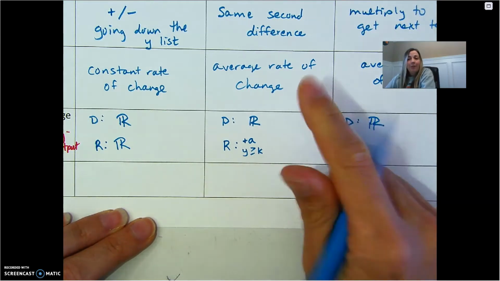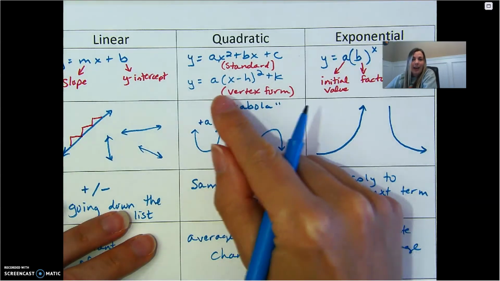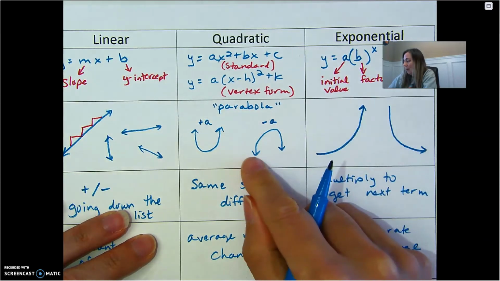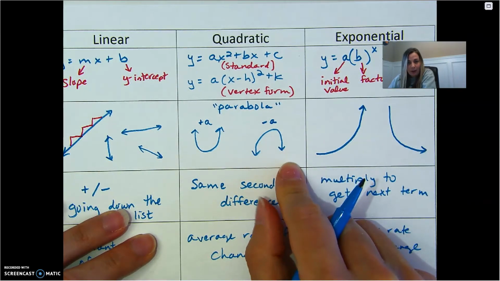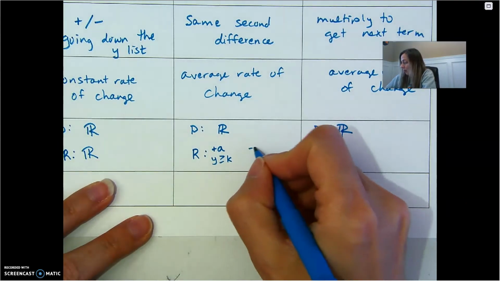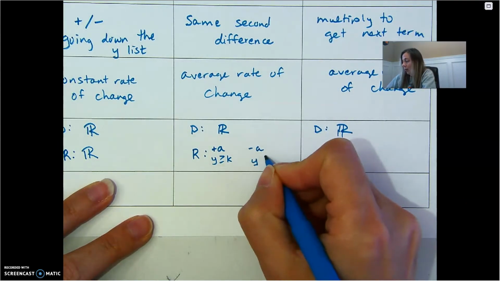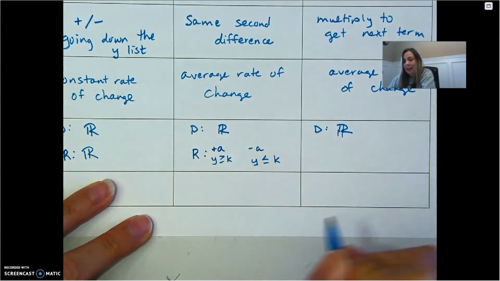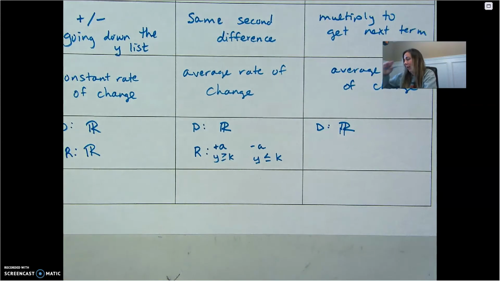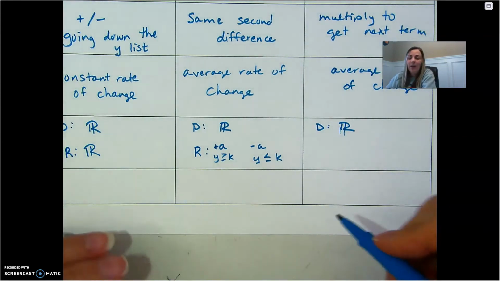On the flip side, if your leading a was negative, if this a in front was negative, that means your parabola is going down. So your y would be less than, right, because we're going down. So if we have a negative a, then your y is less than that k. All right, and we technically learned it. I know it was a long time ago, and we'll be reviewing that over the next few days.